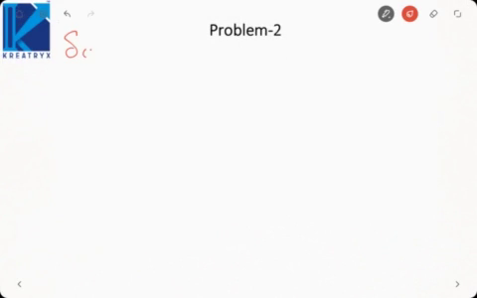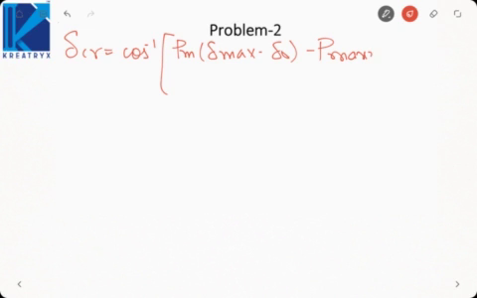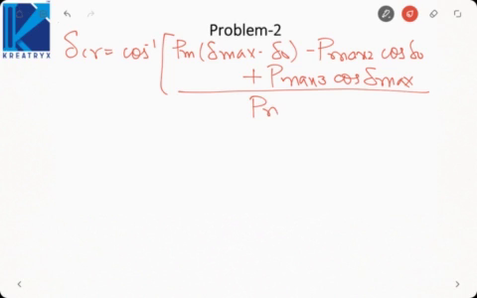Now delta CR is given as cos inverse of [PM (delta max minus delta naught) minus P max 2 cos delta naught plus P max 3 cos delta max] divided by (P max 3 minus P max 2).